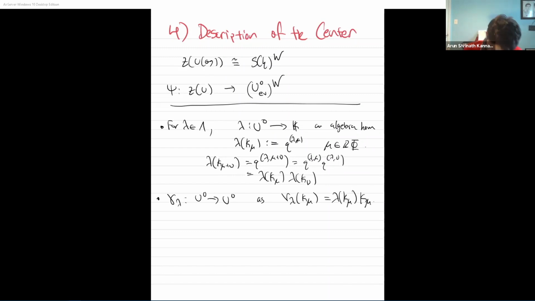One should notice immediately that gamma lambda plus lambda prime is equal to gamma lambda composed with gamma lambda prime, for lambda prime in the weight lattice.